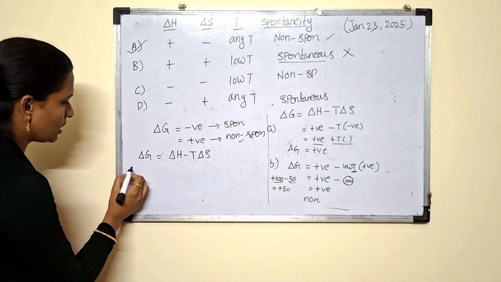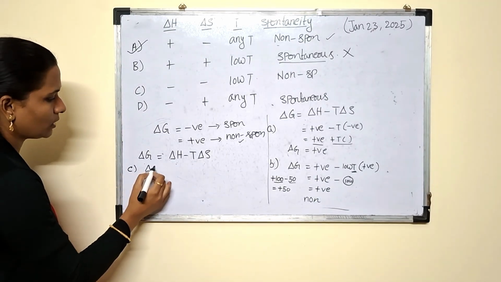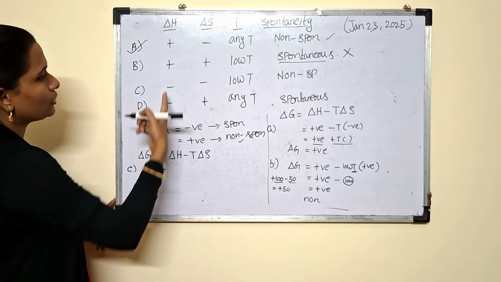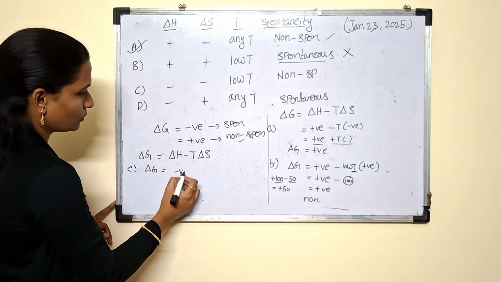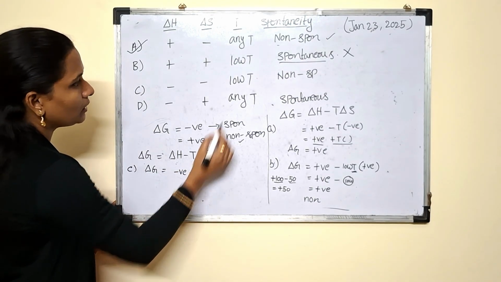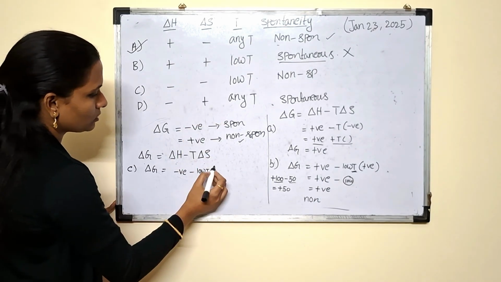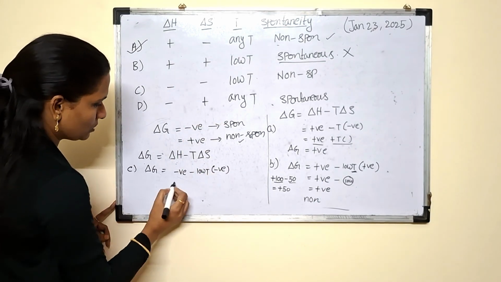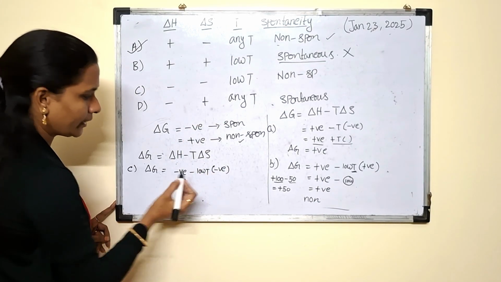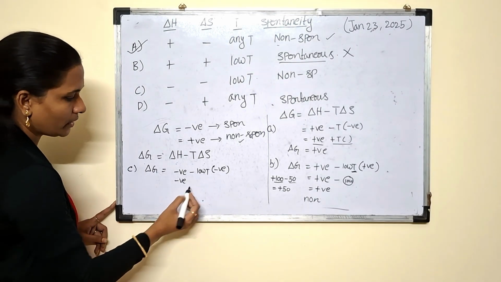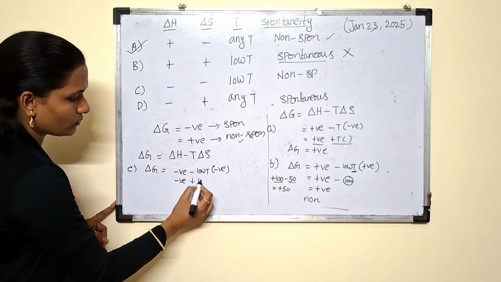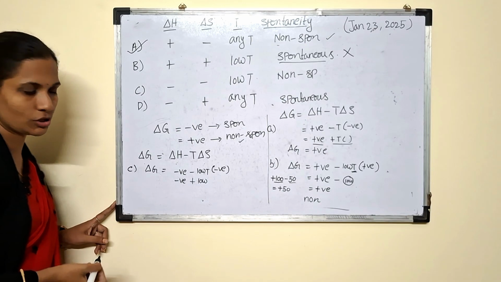Next, option C: delta G equals delta H, which is negative, minus T at low temperature, and delta S is also negative. So delta H is negative, and minus of minus is plus, and this value is low because the temperature is low.